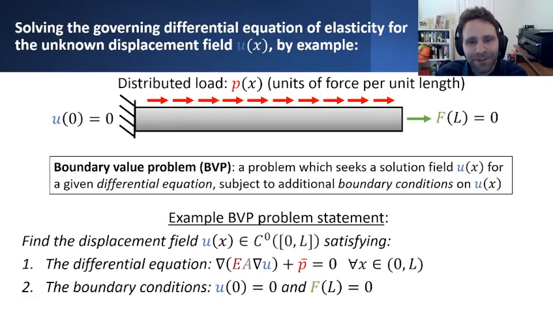All right, so we want to solve this boundary value problem now posed in one dimension, and the goal is to find the resulting solution for this axial displacement field, a function of position, which satisfies our governing differential equation of equilibrium in a pointwise sense everywhere along the member, and which additionally satisfies these two boundary conditions that we've imposed, a displacement boundary condition and a force boundary condition.